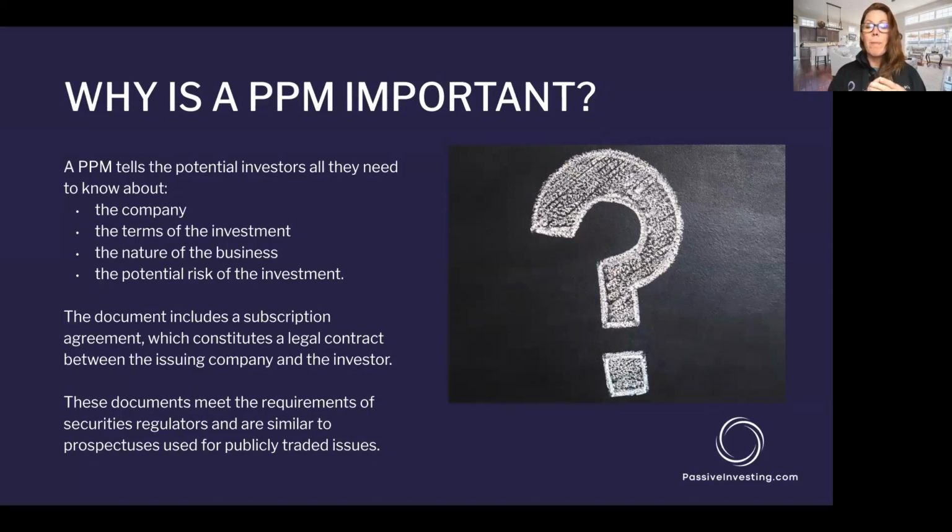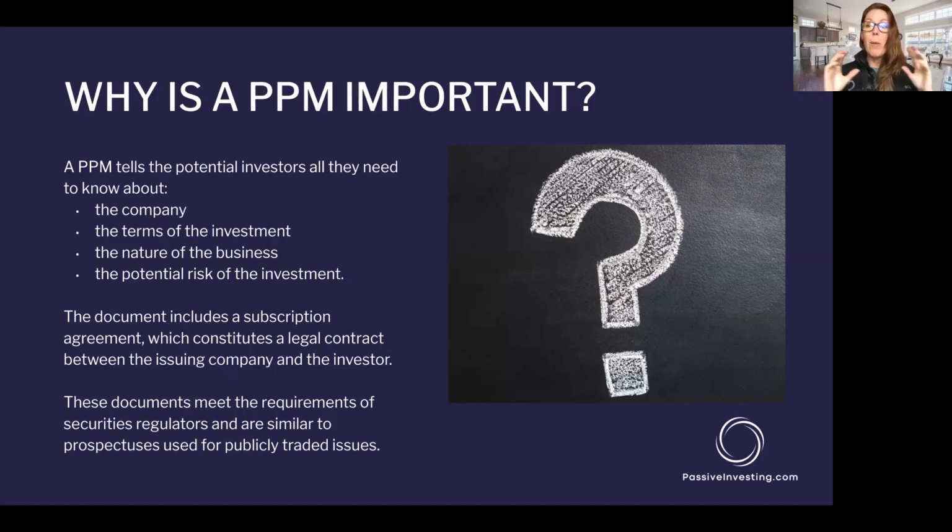Again, this document includes the subscription agreement, which constitutes a legal contract between the issuing company that the operator is managing, and the investor, you as the limited partner.